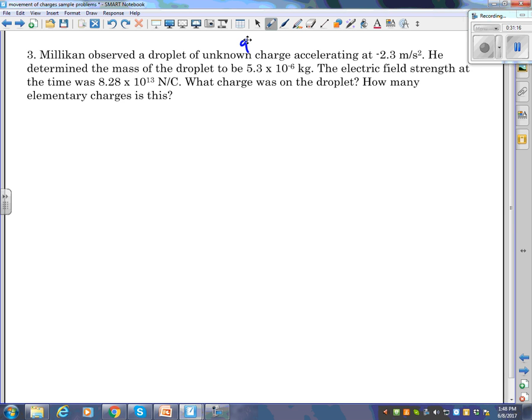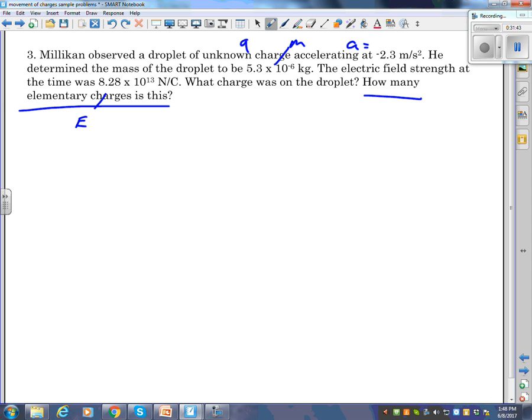We don't know the Q. Accelerating at minus 2.3, so we know the acceleration. You'll also notice that it is negative, which means that it is down. He determines the mass of the droplet to be 5.3 times 10 to the minus 6. That is our mass. The electric field strength at the time was 8.28. That is our E. How many elementary charges is this?